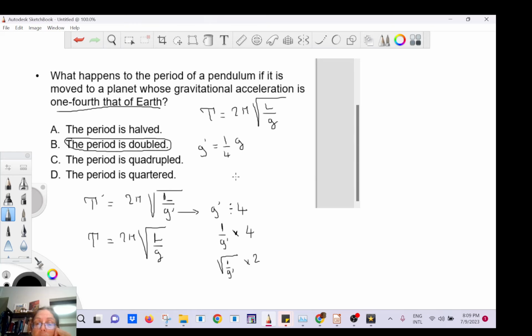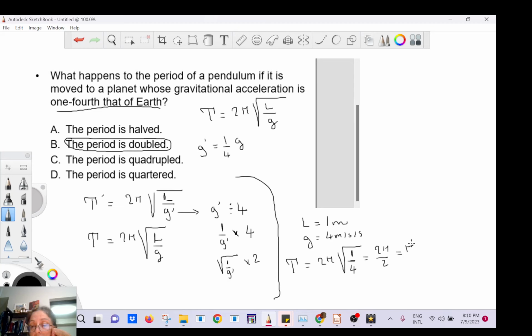Okay, how can you do it a different way? You can give yourself numbers. Let's take L equals 1, that will be easier. And G, okay, I know we are on Earth, but let's say you are on a planet with a gravity equal to 4 meters per second squared, to simplify, because then you know it's going to be divided by 4. So T equals 2 pi, and then you have the square root of 1 over 4, which equals 2 pi over 2, which is pi.